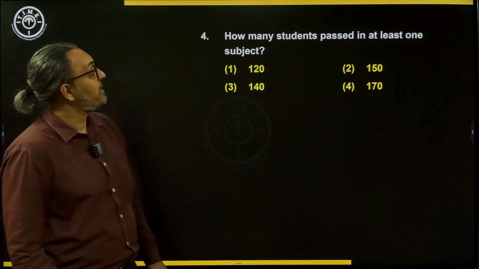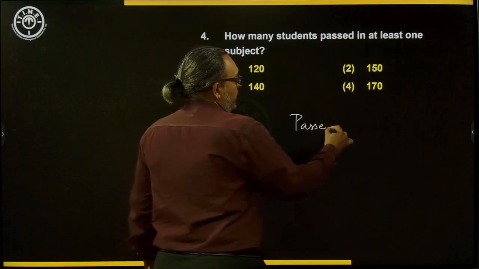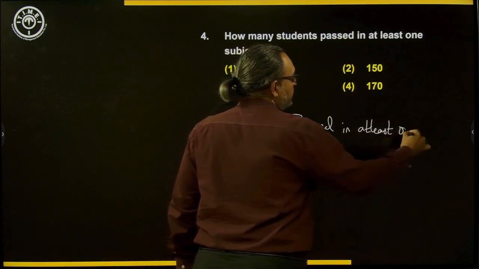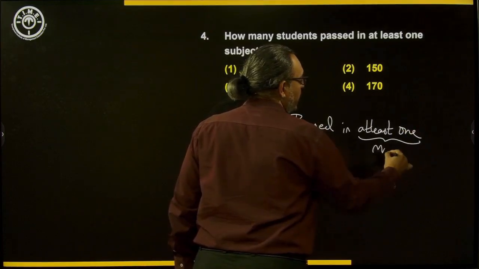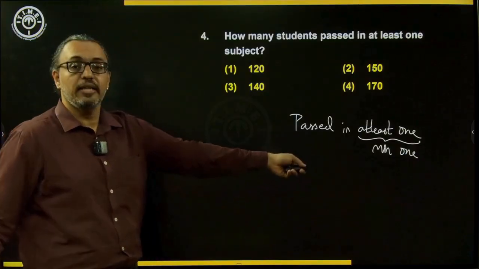Next, how many students passed in at least one subject? See, same thing. Passed in at least one. So at least one is nothing but minimum one. Just like we considered failed in at least one, passing in at least one, same.